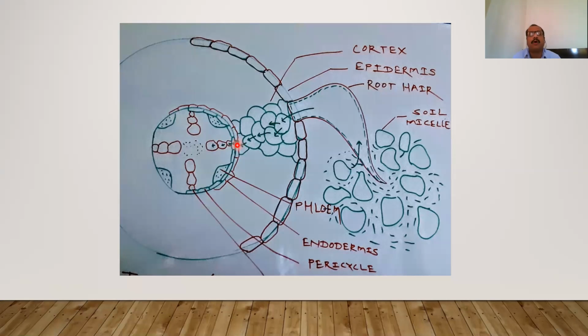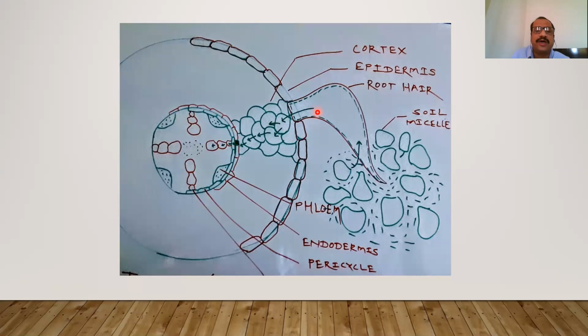That is another problem. And one more demerit of this theory is that the concept of energy is nowhere discussed. Though the process is called an active method, it is taking place along the concentration gradient, and therefore there is no involvement of energy. There is no need of energy. It's a simple physical process of osmosis.